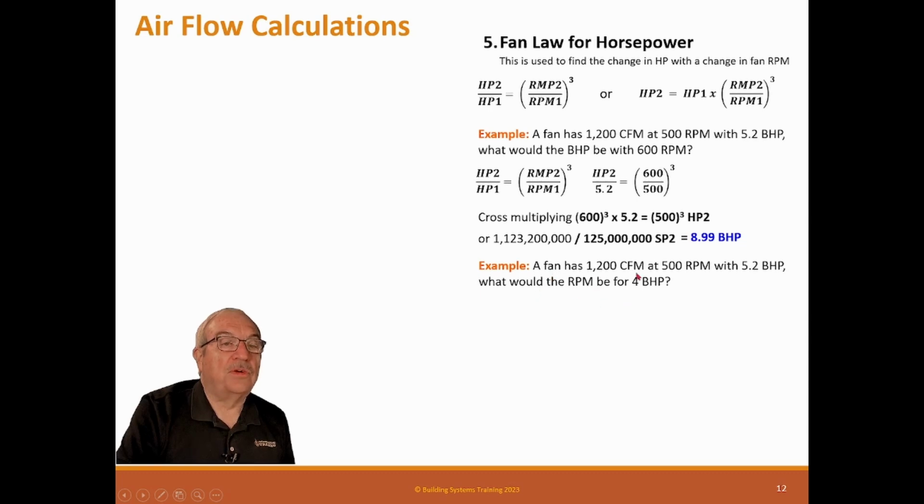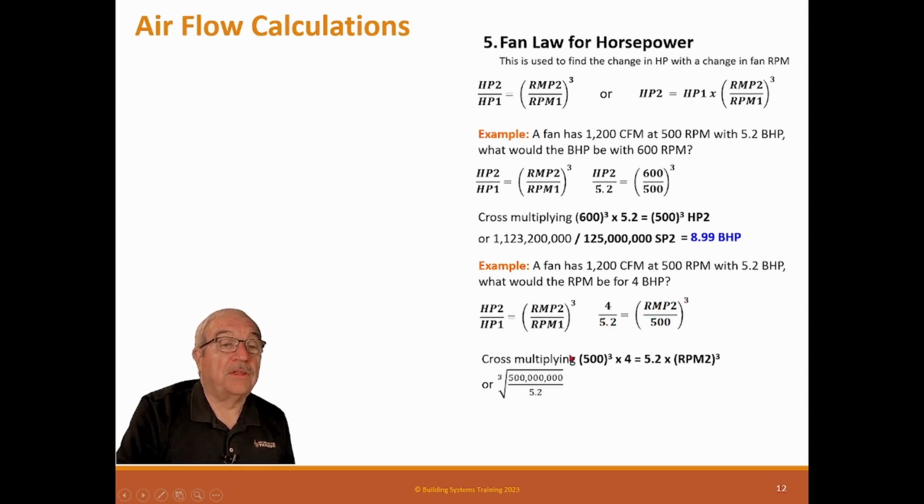A fan has 1200 CFM at 500 RPM with 5.2 brake horsepower. What would the RPM be for 4 brake horsepower? It's going to be a lot less. So if we put that data in this formula, we get 4 divided by 5.2 equals RPM 2 over 500 cubed. And then if we go ahead and do our cross multiplication, we get 500 cubed times 4 equals 5.2 times RPM 2 cubed.